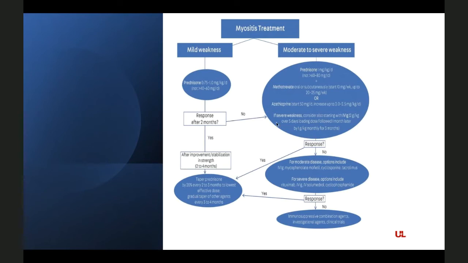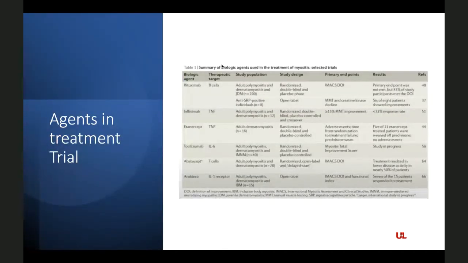So this is particularly for the first 3 entities of myopathies. Also, this is just a summary of the trials for the third-line agents that have been done so far. Out of all of these, we do use rituximab quite often as compared to the others.